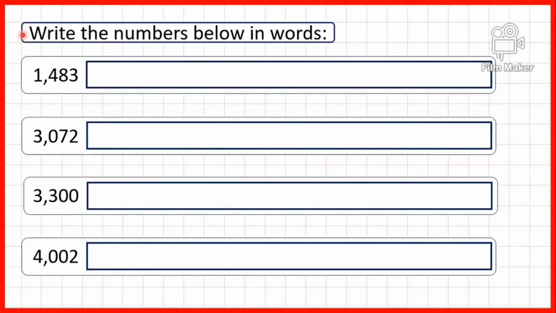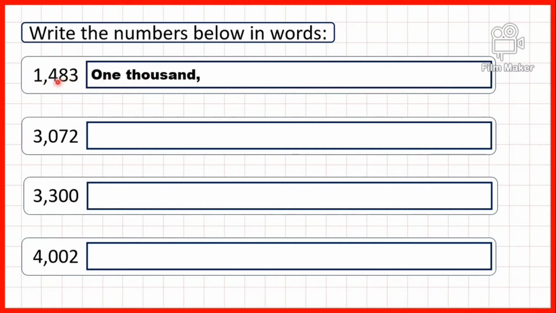Write the numbers below in words. So we can see that all of the numbers that we have here have 4 digits, and the first digit in a 4-digit number tells us how many thousands we have. So here we can see that for this first number we have 1 as our thousands digit, so we can write 1000.